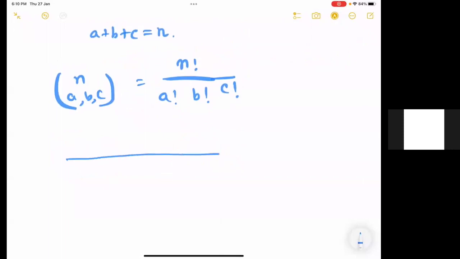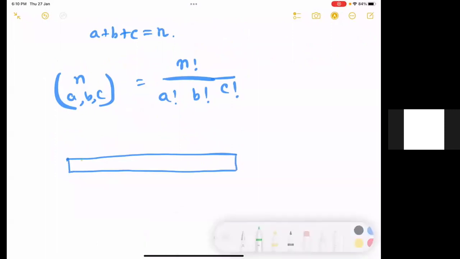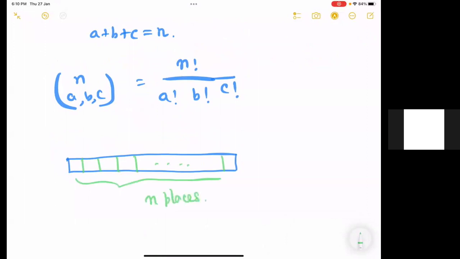But one of the ones is special, and one of the twos is special. So basically, we choose one place for the special one, one place for the special two, and fill the rest of them arbitrarily. That will be n into n minus 1 into 3 raised to n minus 2.